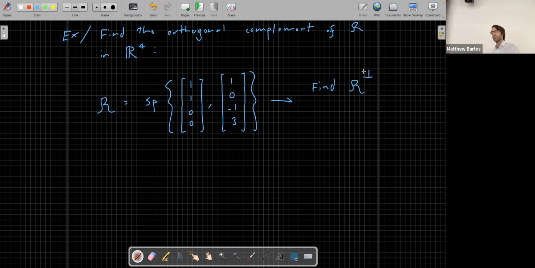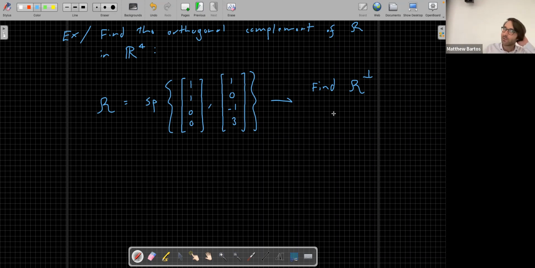So first of all, how many basis vectors are going to be in our complement? 2, right? How do we know that? Because for R4, how many basis vectors do we need to represent any vector in R4? We need 4, which means our orthogonal complement has to contain 2 basis vectors.